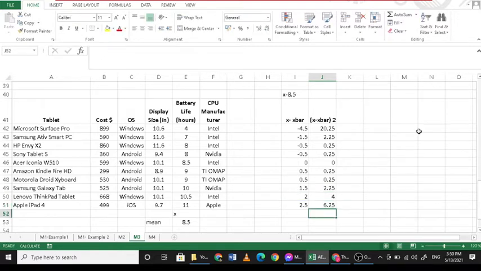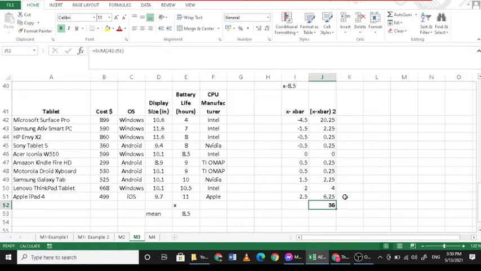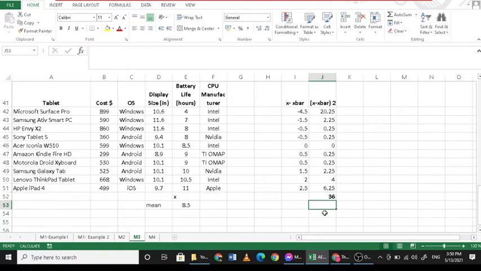The next is the summation of x minus x bar squared. You simply get the sum, which is now 36. Then divide by n minus 1. There are 10 values here, so 36 divided by 9 is 4. So the variance, class, is equal to 4.